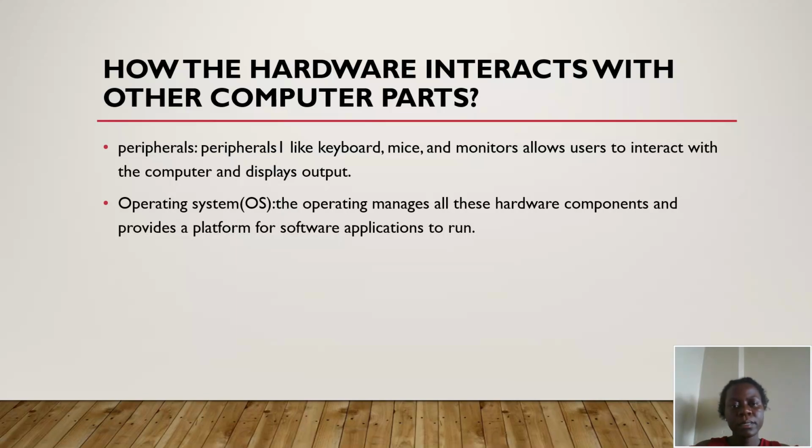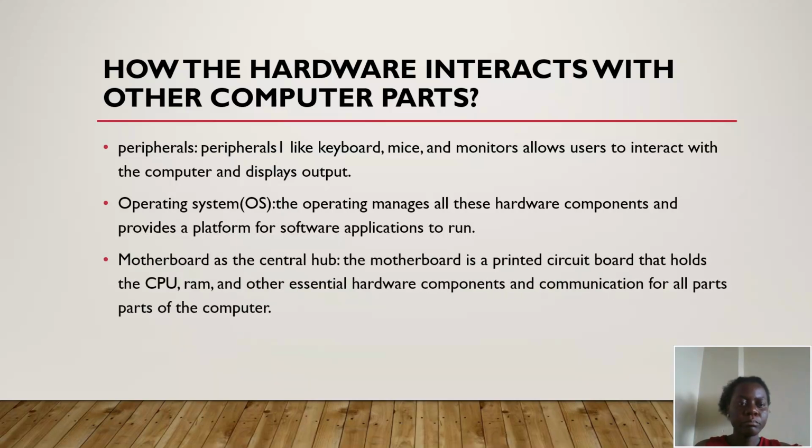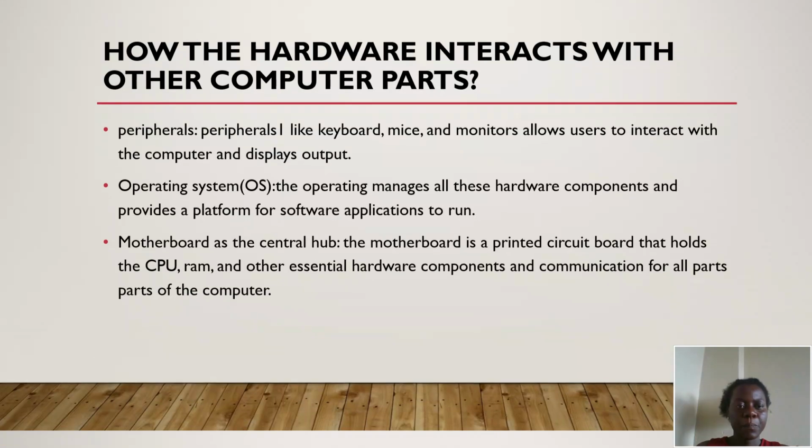The operating system manages all these hardware components and provides a platform for software applications to run. Then the motherboard as the central hub. The motherboard is a printed circuit board that holds the CPU, RAM, and other essential hardware components and enables communication for all parts of the computer.